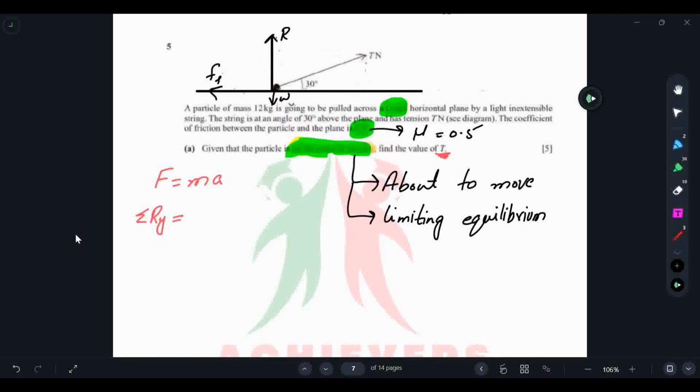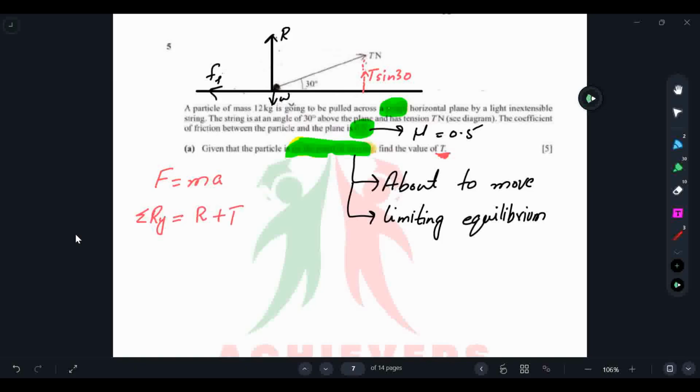As R is going upward, this will be R, and then we have the vertical component of T, which is T sin 30 degrees. This should be plus because it is also going upward.